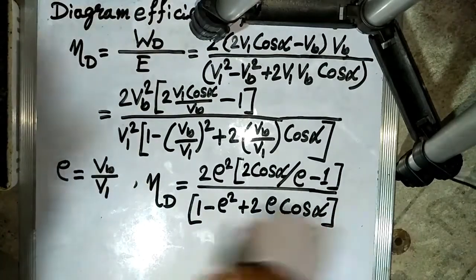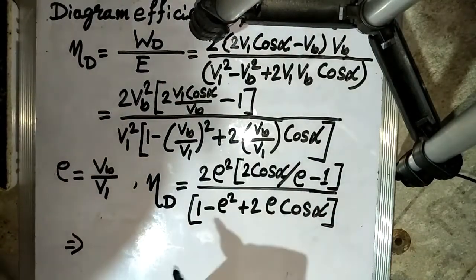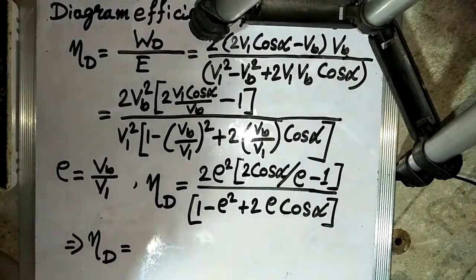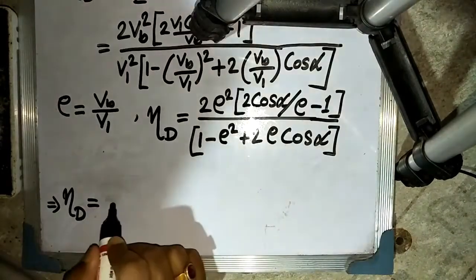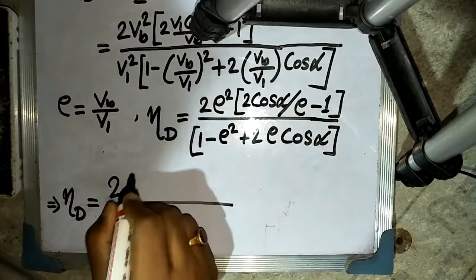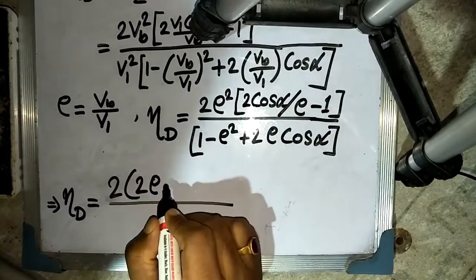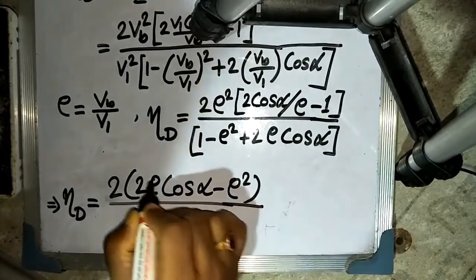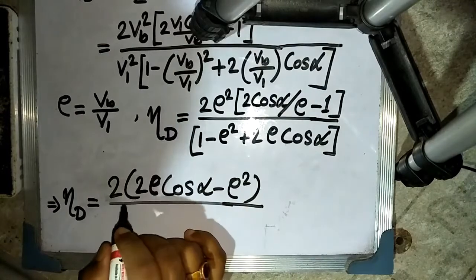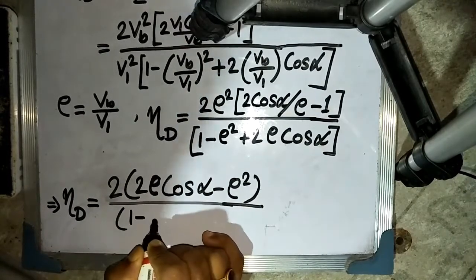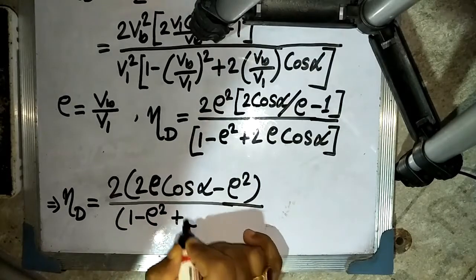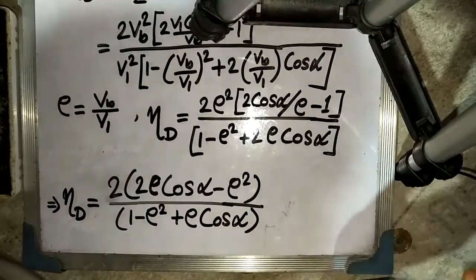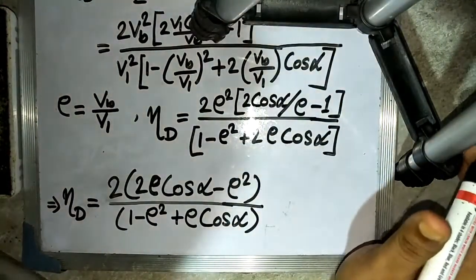Or we can write the diagram efficiency once again as 2 into (2 rho cos alpha minus rho square), divided by (1 minus rho square plus 2 rho cos alpha). So this is the simplified expression of diagram efficiency.